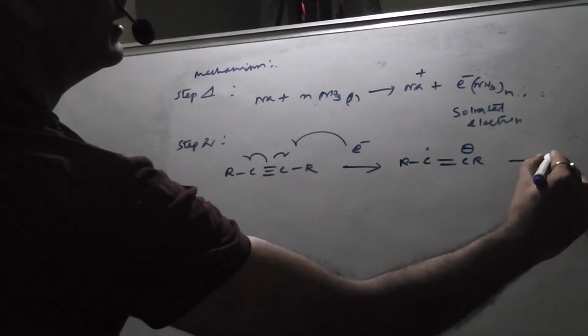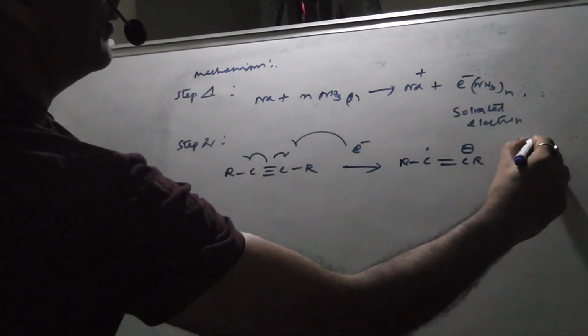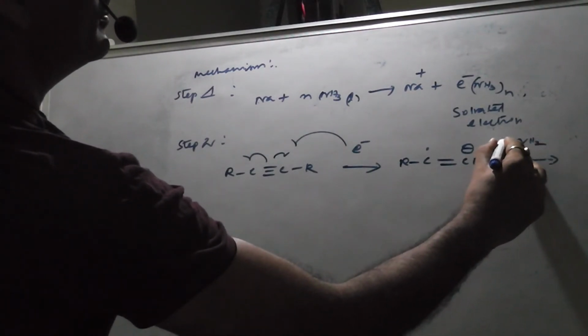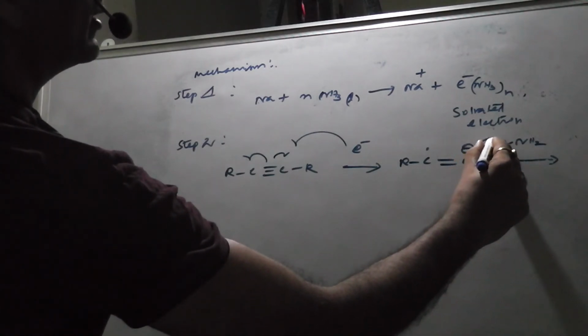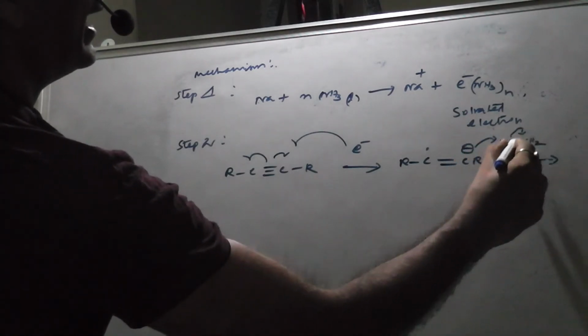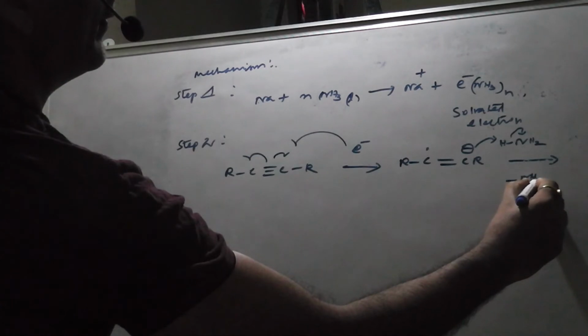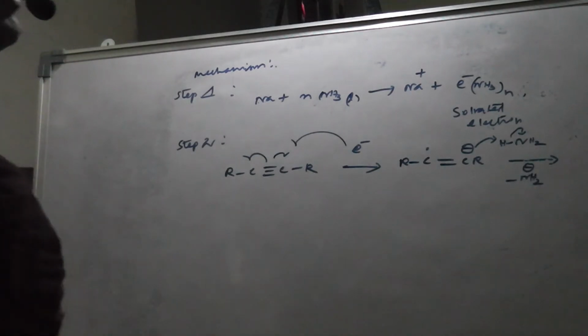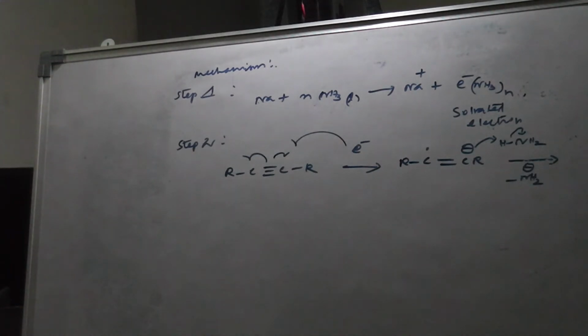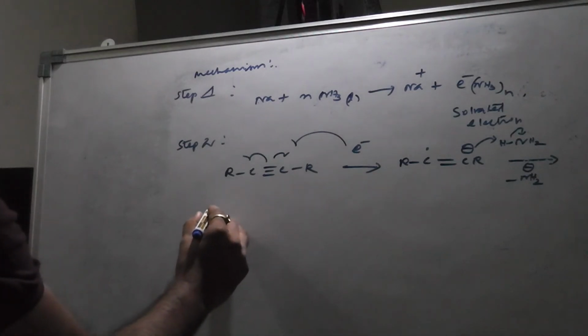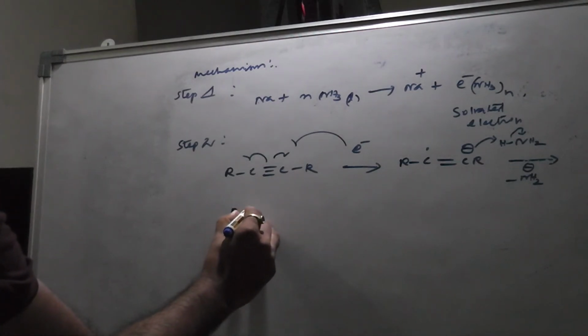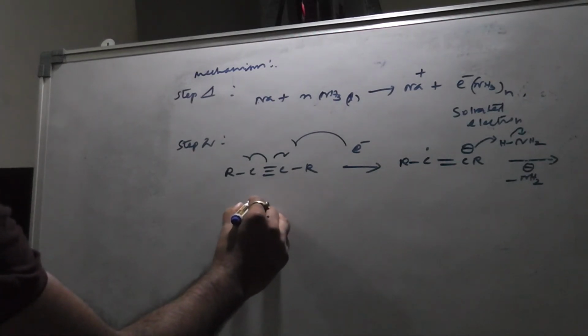Now ammonia is there in the system, so a proton will be abstracted and the amide anion will move out, leading to the formation of a vinyl radical.